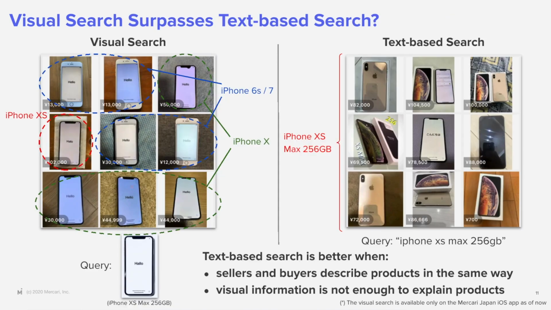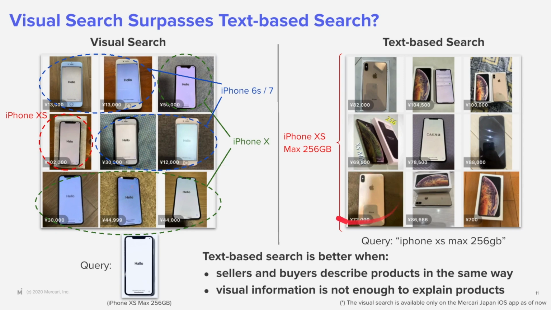Is the visual search always better than the text-based search? In this example, the query was iPhone XS Max 256 gigabytes. Through the visual search, some types of iPhones were extracted, like iPhone X, 6S, 7, and XS. And also, it's impossible to recognize the storage size from images.